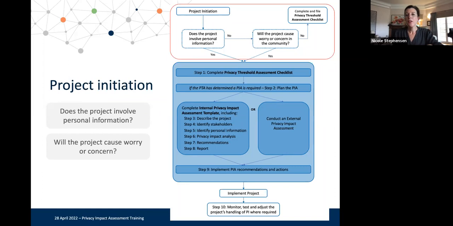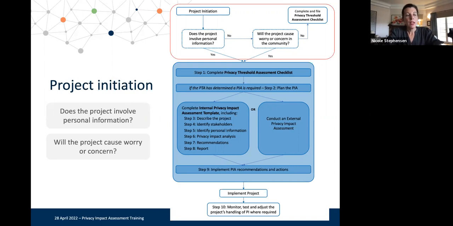Okay. And will the project cause worry or concern in the community? So maybe your project doesn't involve personal information, but it involves information derived from personal information. So for example, it involves health sector statistics or de-identified or aggregate data that you have harvested from personal information that you already have within the PHN.